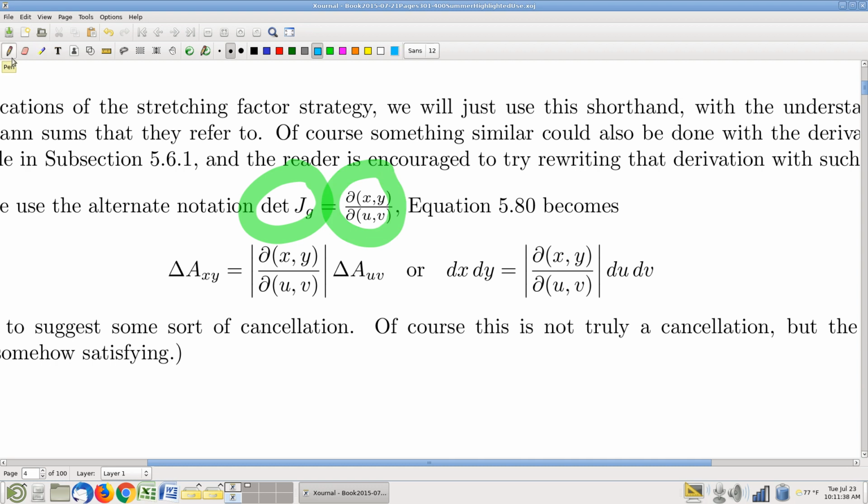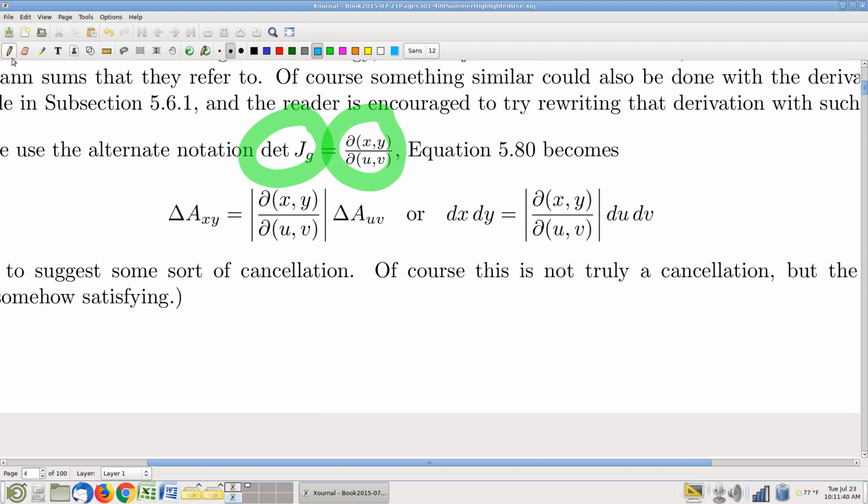The reason why is, if you write down the formula for the Jacobian, what is the Jacobian of g? Well, it's a great big matrix. It's partial of x with respect to u, partial of y with respect to u, partial of x with respect to v, partial of y with respect to v.